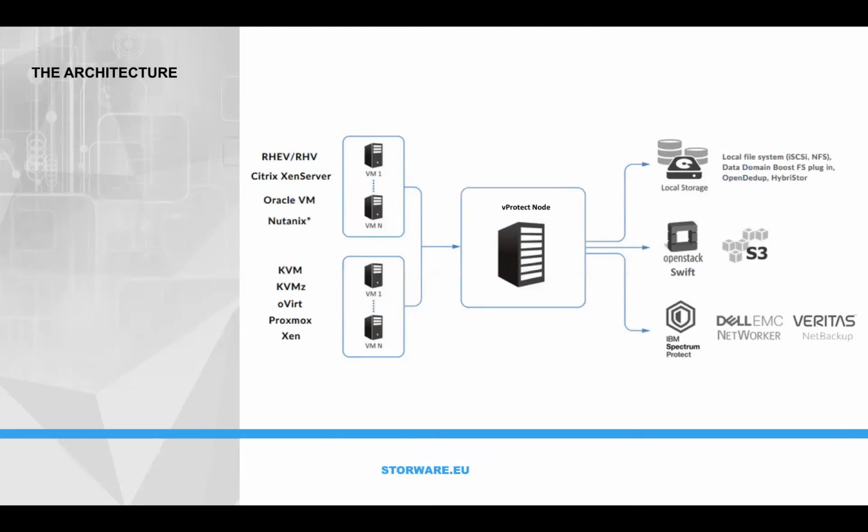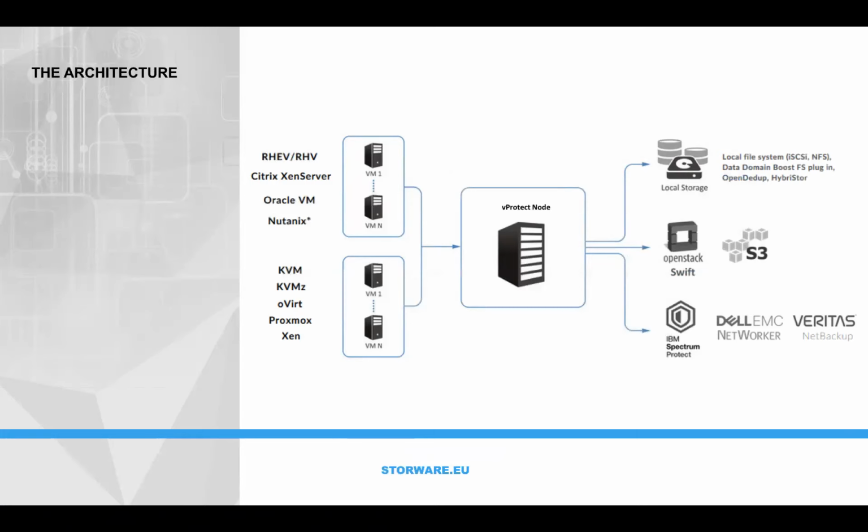On the left, you see the types of hypervisors that we support today. It's not only about XenServer itself; today we have more than 8 different kinds of hypervisor implementations that we can address.